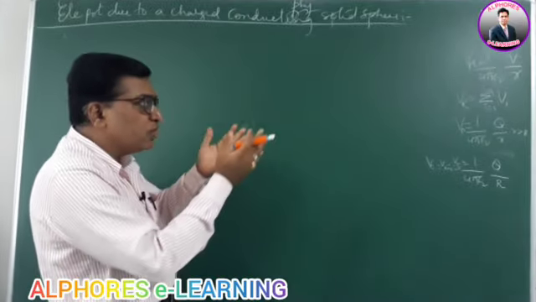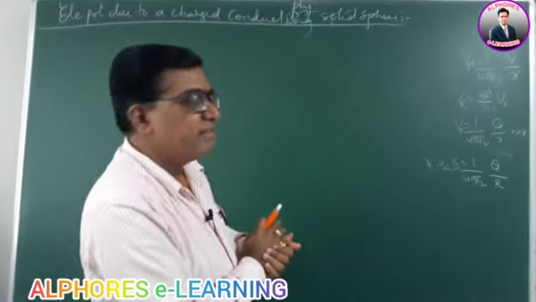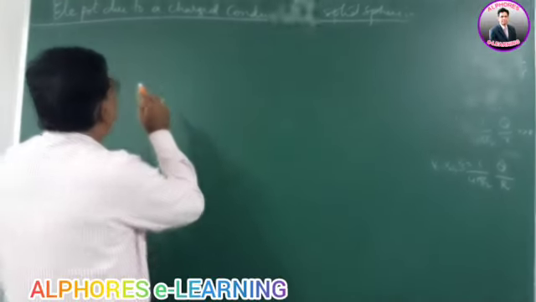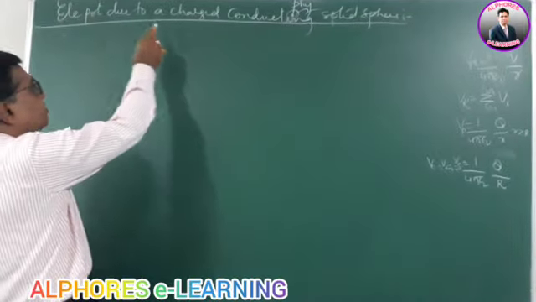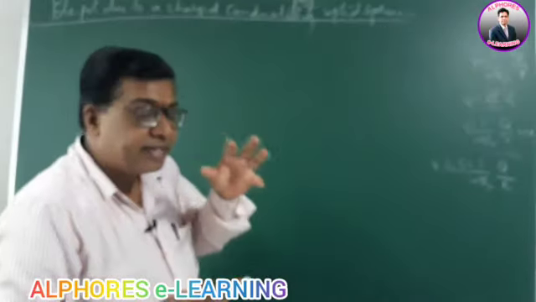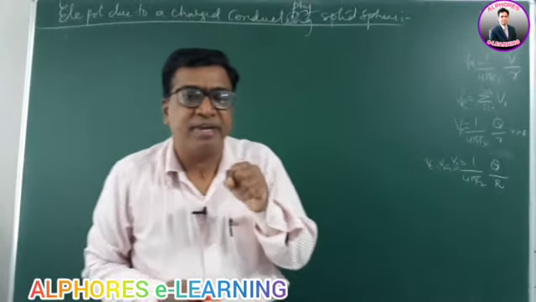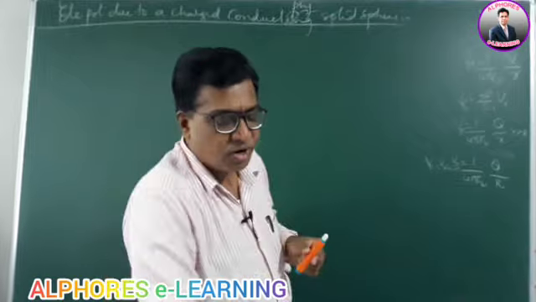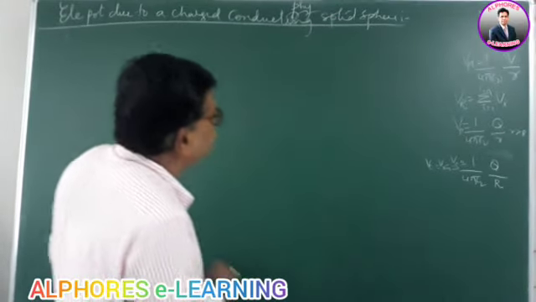Now, using this data, we shall derive a formula for the electric potential due to a charged conducting solid sphere, a metal solid sphere, right? So what would be the electric potential for this? We'll find out.